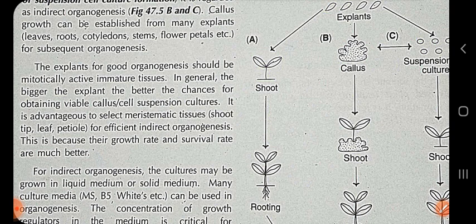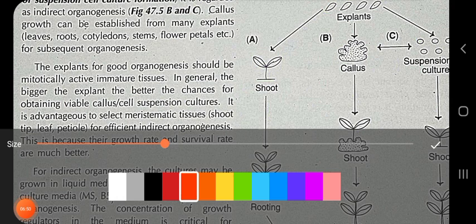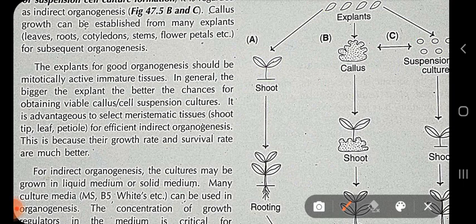This has to be taken into consideration. This part that I am going to say is very, very important: the explant used for organogenesis should be mitotically active in mature tissues, so that they can proliferate to grow into certain adventitious organs of the plant.